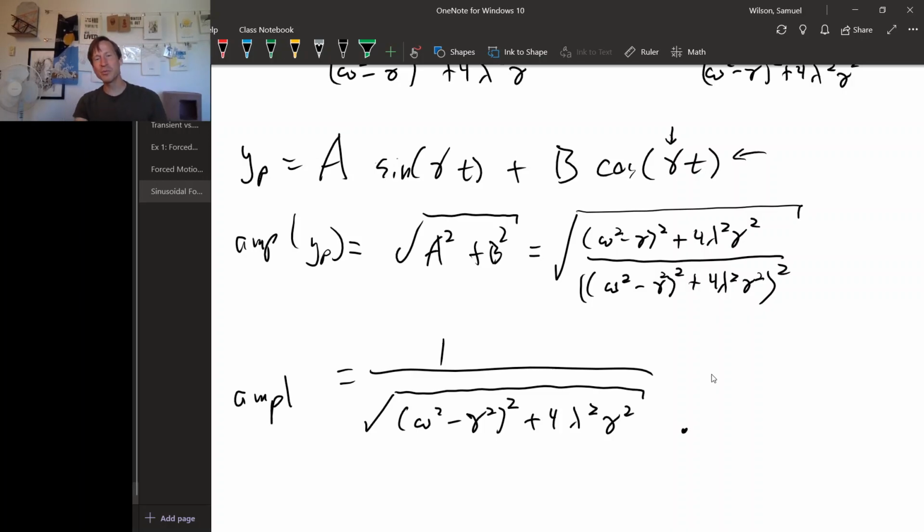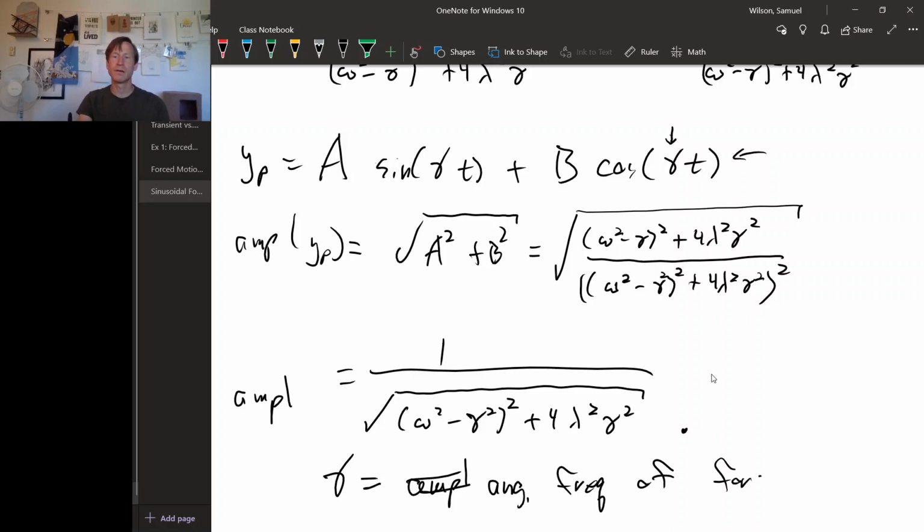Now, this formula is honestly not that enlightening, but what it lets us do is experiment with different values of gamma. Remember, gamma is the angular frequency of the forcing.